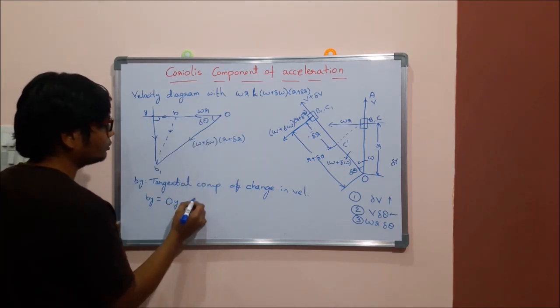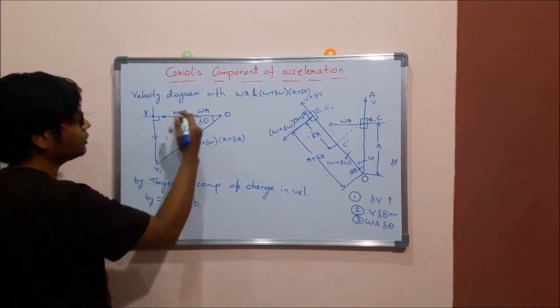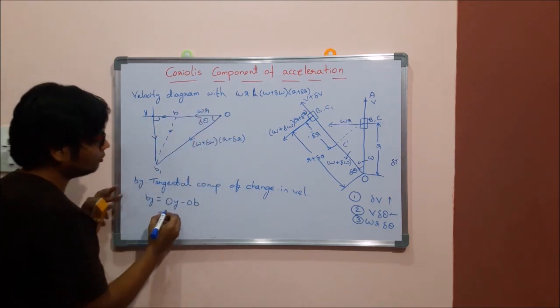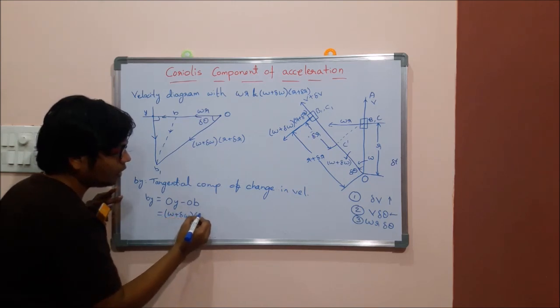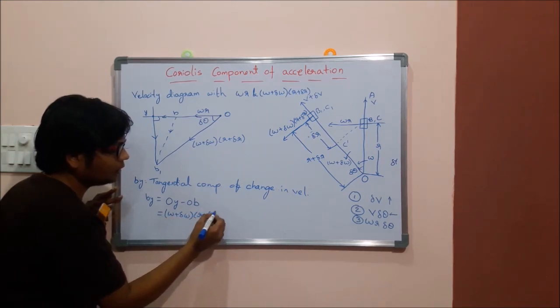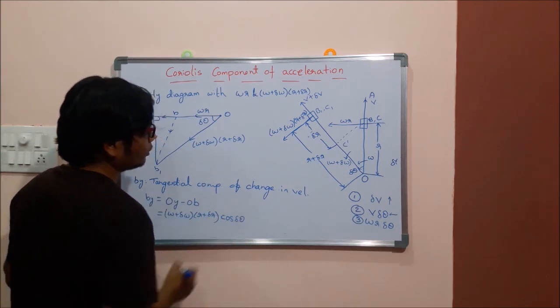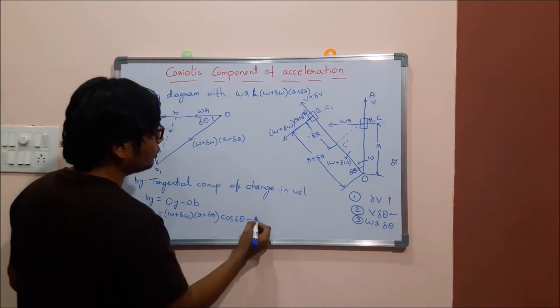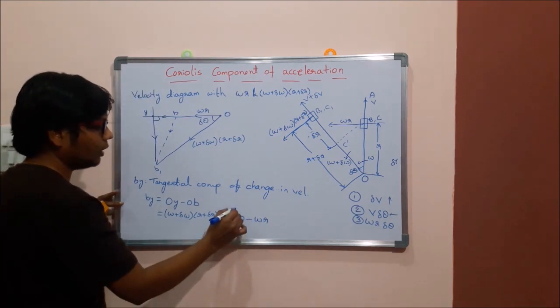Oy is the adjacent side of the right angle triangle, which can be written as hypotenuse omega plus delta omega into r plus delta r into cos delta theta, and minus Ob means omega r. Here cos delta theta can become equal to 1.